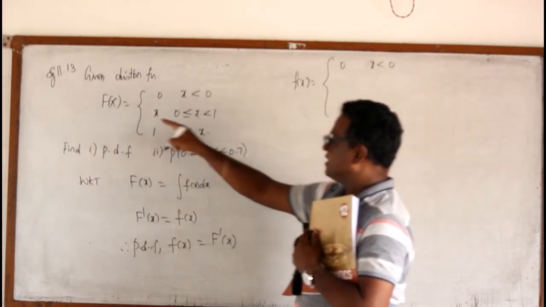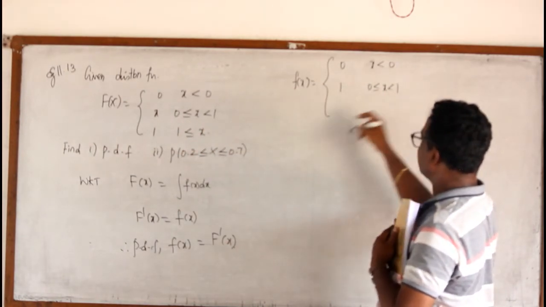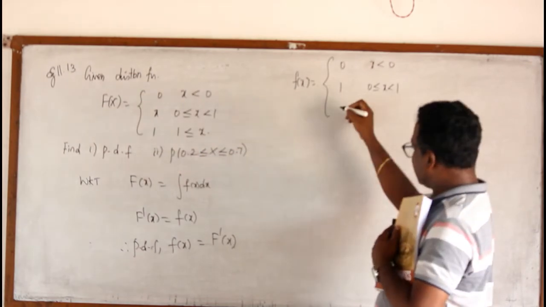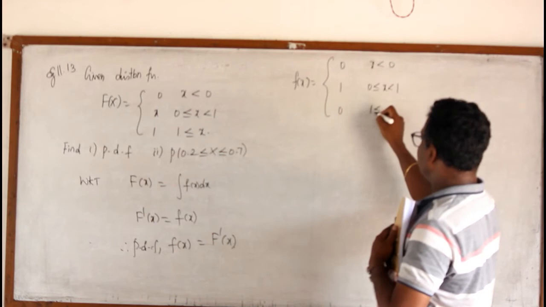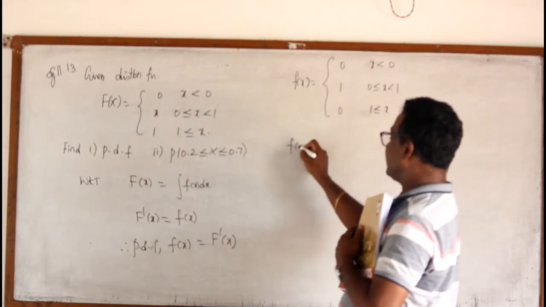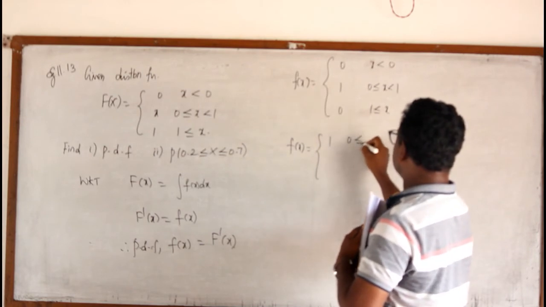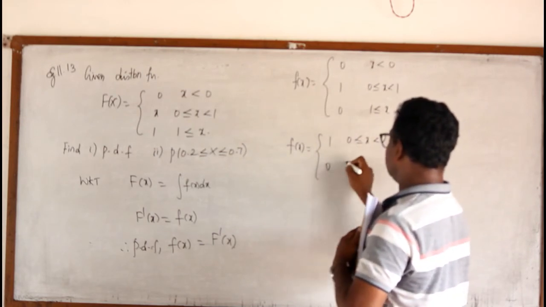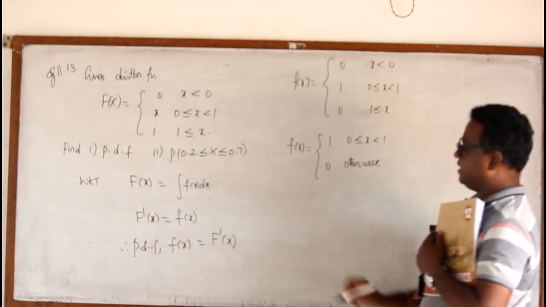When we differentiate x, it is 1, 0 less than or equal to x less than 1. And if we differentiate 1 constant, it is 0 for 1 less than or equal to x. So we can rewrite as f of x equal to 1 for 0 less than x less than 1, 0 otherwise. This is the PDF.